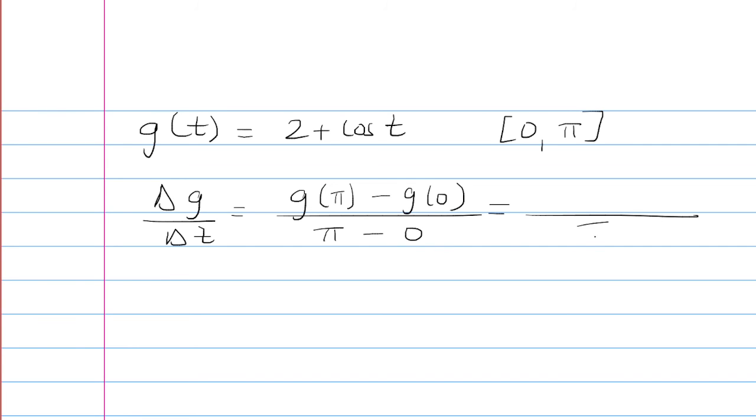Clearly the denominator is just pi. In the numerator, cosine of pi is negative 1. So we have 2 plus negative 1 is 1. And cosine of 0 is 1, so 2 plus 1 is 3. So we have 1 minus 3 all over pi, and so that is negative 2 over pi.